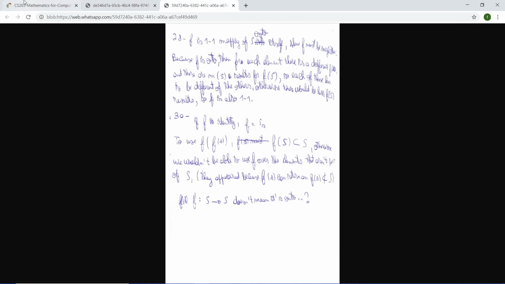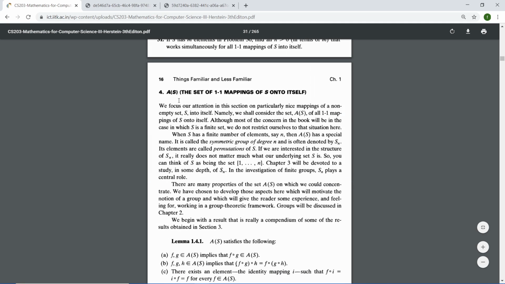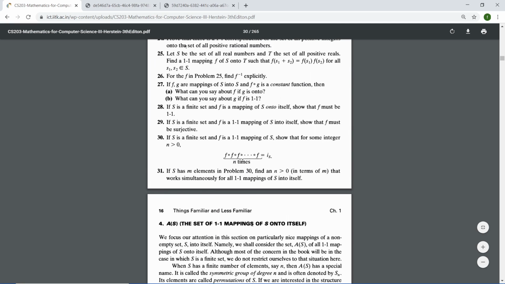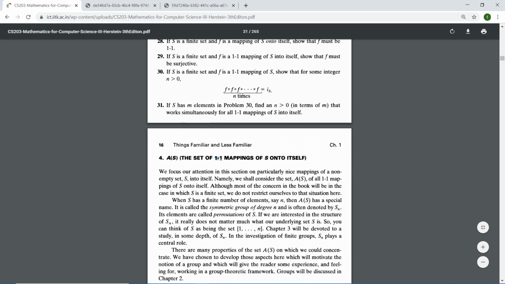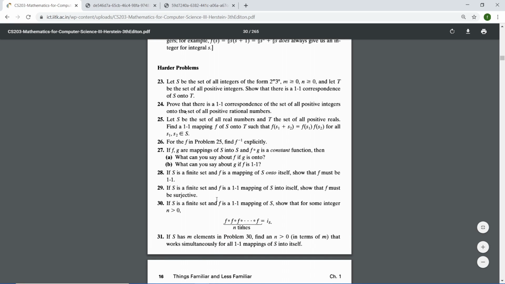After that, exercise 28, which asks, yeah, I forgot to mention that I read this part. I haven't tried the problems yet, but this only talks of 1 into 1, and I realized that that must mean that if it's 1 on 1 and it maps to itself, then it must also be onto itself.